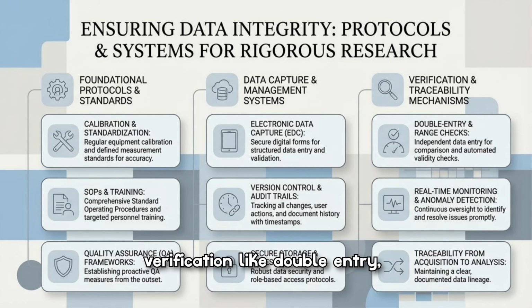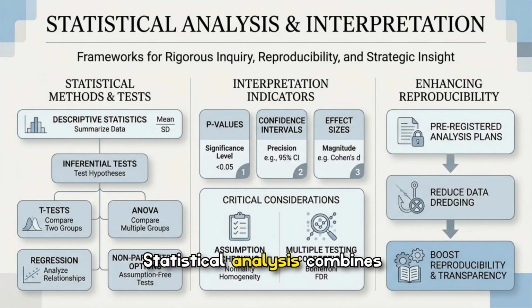Layered verification like double entry, real-time monitoring, and traceability from acquisition to analysis help detect anomalies quickly and preserve trustworthy data lineage.